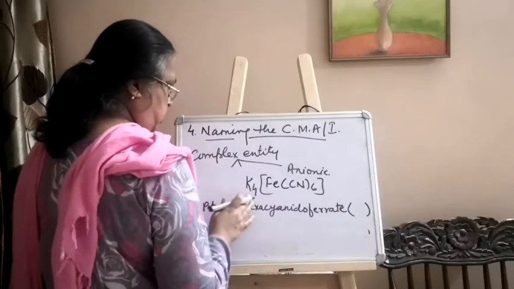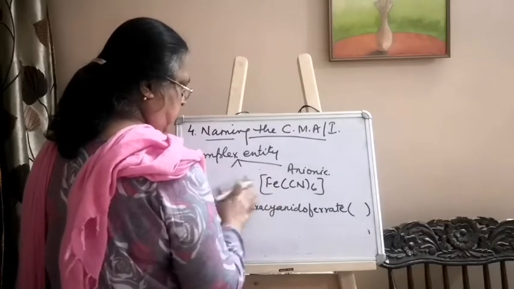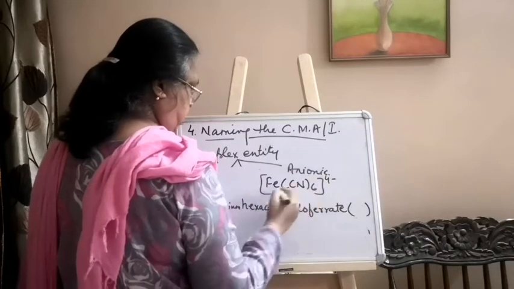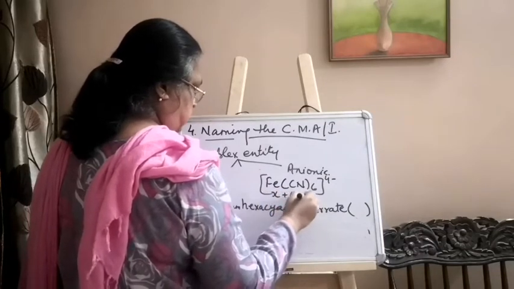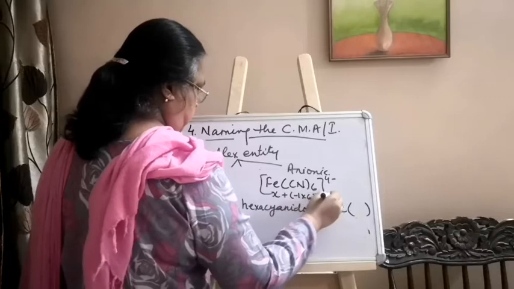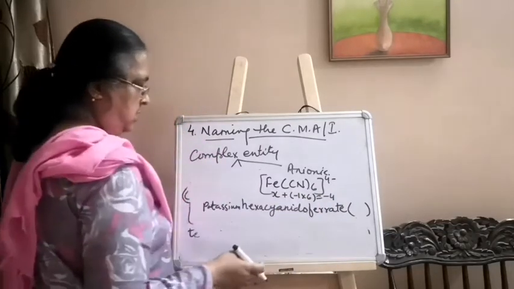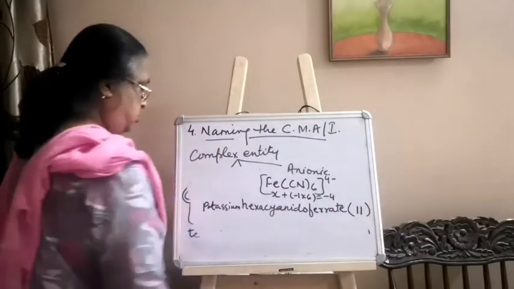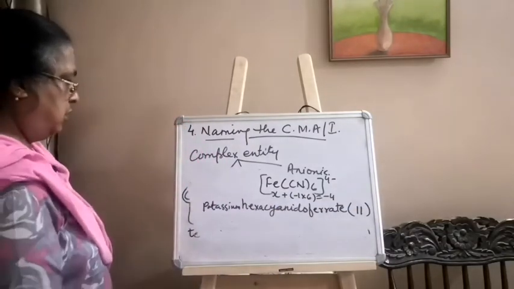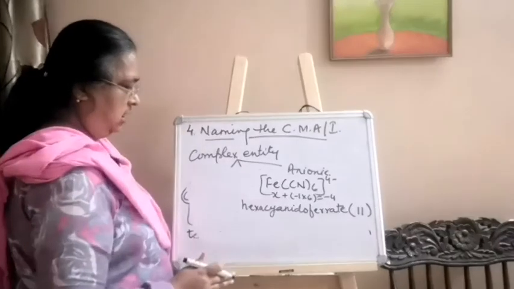So what is the oxidation state of this? If you calculate with this negative charge, it is convenient. We can do iron X plus minus 1 into 6 is equal to minus 4. So minus 6 goes there, so it will be plus 6 minus 4 is 2, so the oxidation state is 2. So here potassium hexacyanide.